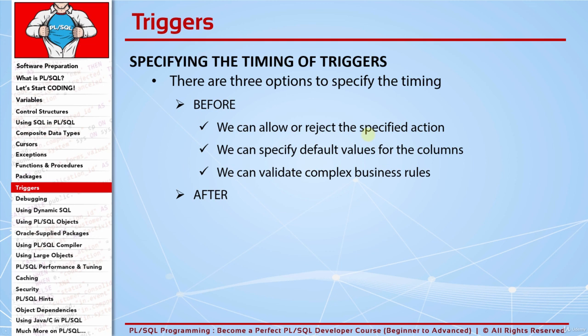If we specify our trigger with the after option, our trigger will be executed right after the specified event occurs in our table. I mean, if you set your trigger for after update, this trigger will be fired right after any update occurs in our table or view. So when we use the after timing statement, you may want to make some after checks.